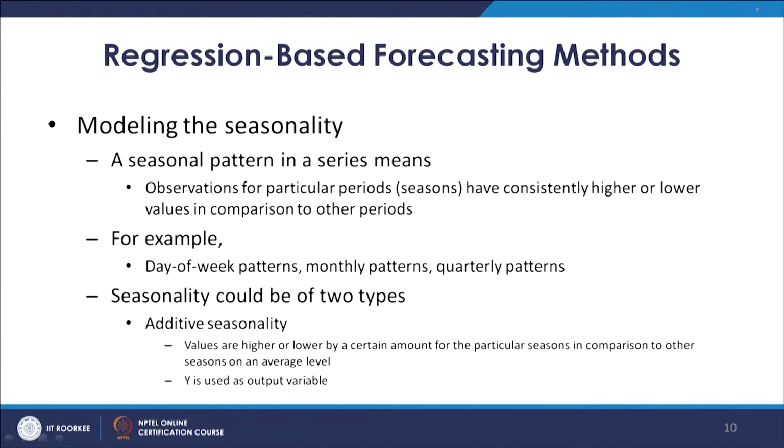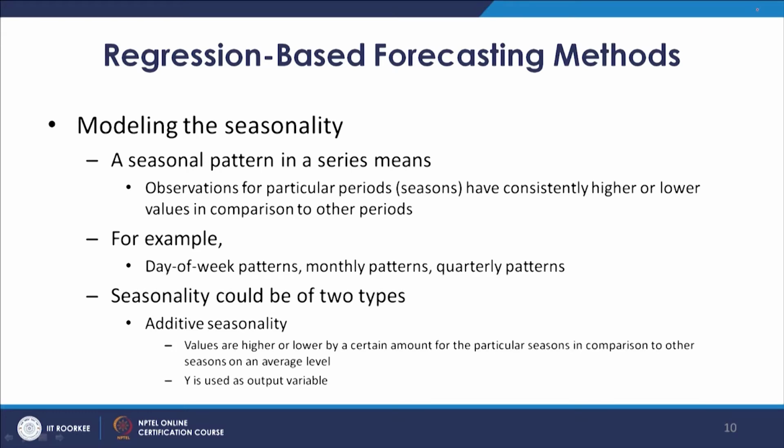A seasonal pattern in a series means observations for particular periods or seasons have consistently higher or lower values in comparison to other periods. As we have talked about in previous lectures, we are going to observe certain peak values which are consistently higher in comparison to the average level, and this appears repeatedly.